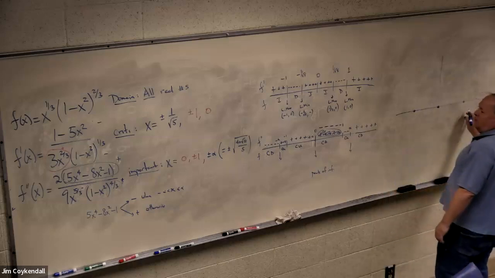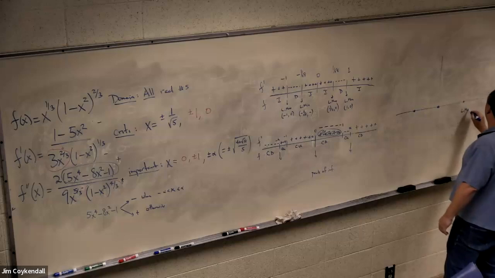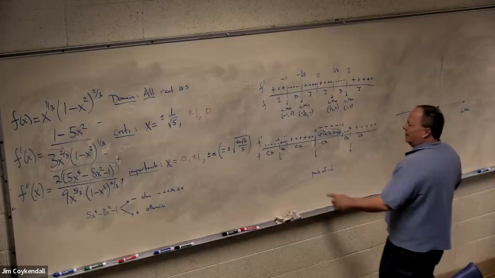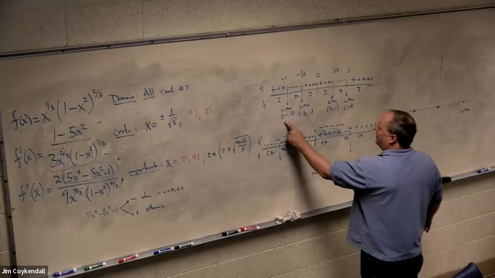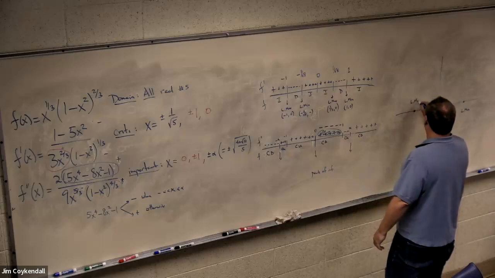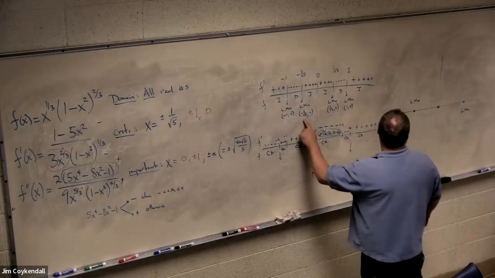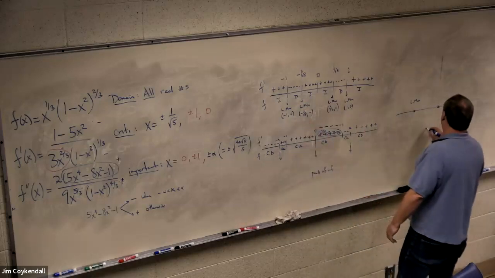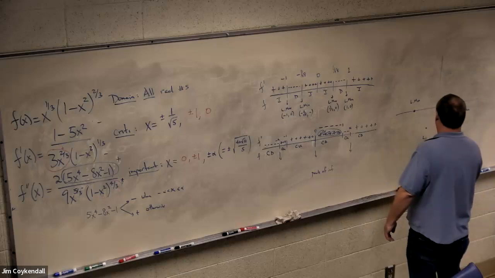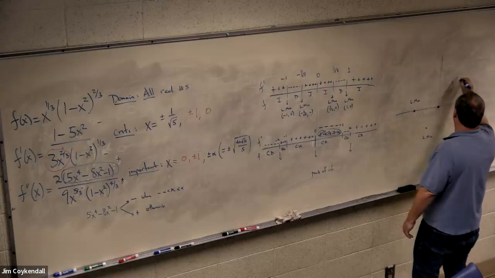This is a 0, this one right here, the local min. You have a local max at minus 1, 0. And you have a local min, about right here. And you have a local max about right.